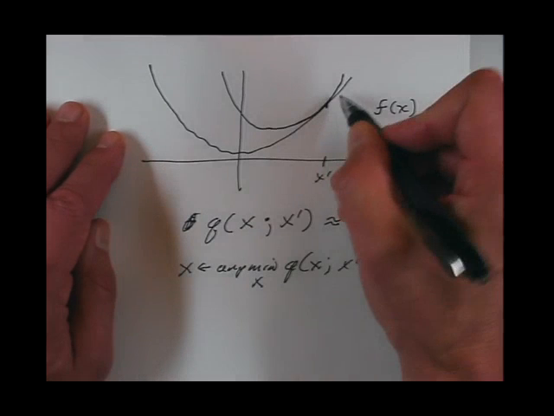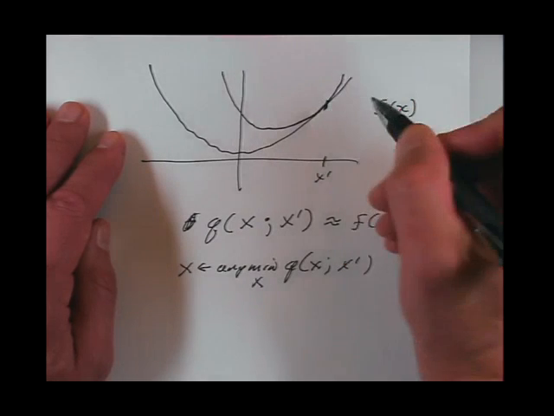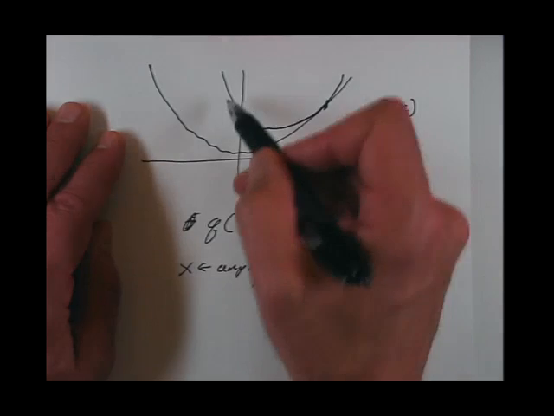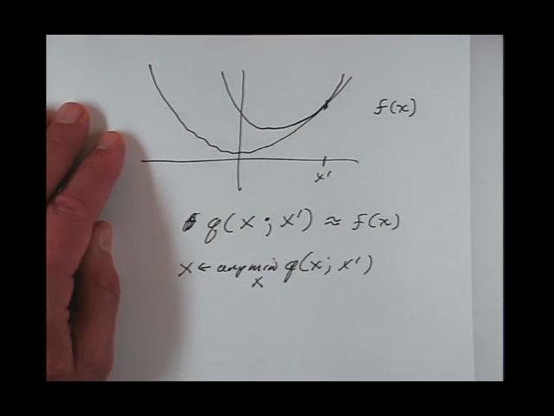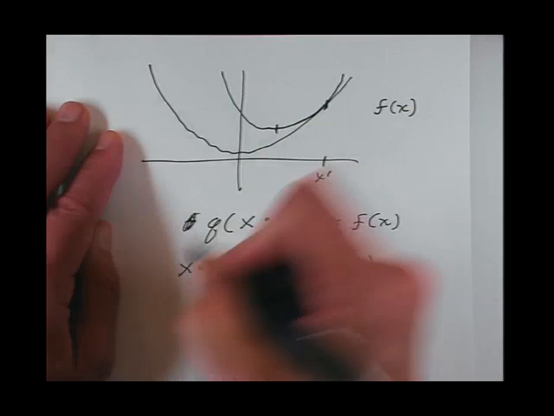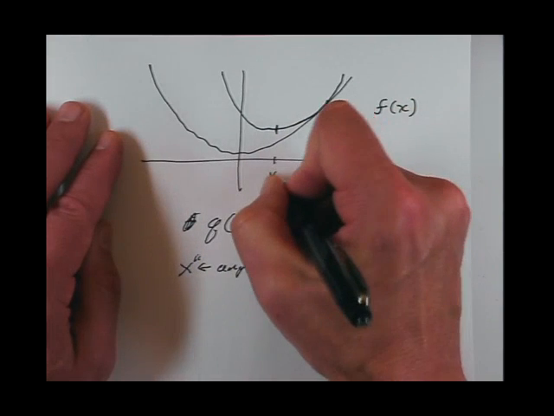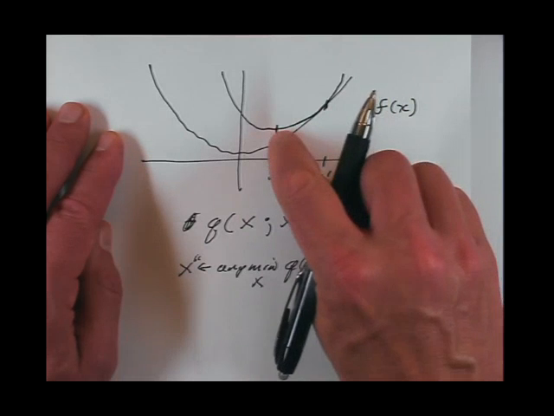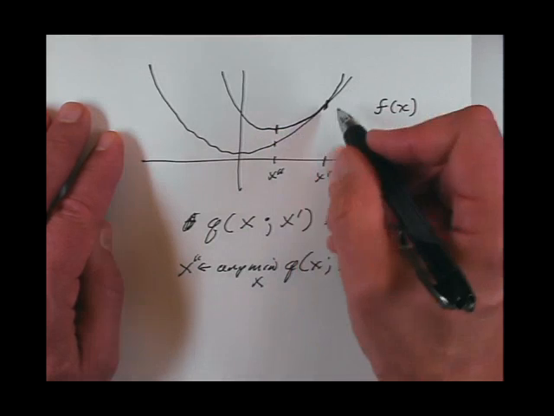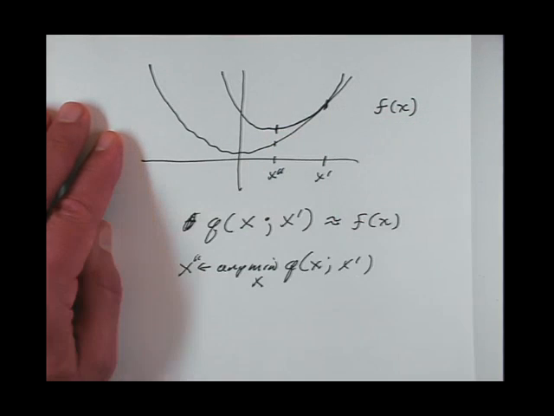The one is that the approximating function needs to be tangent to the true function at the current point. And the other is that it has to be a strict upper bound. If those two things hold, then when I do the optimization, my new value, I'll call it x double prime, is guaranteed to be a point at which the true function is actually reduced.